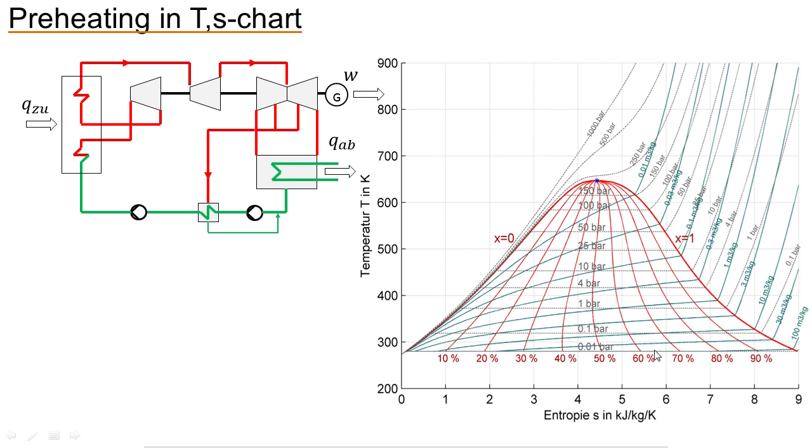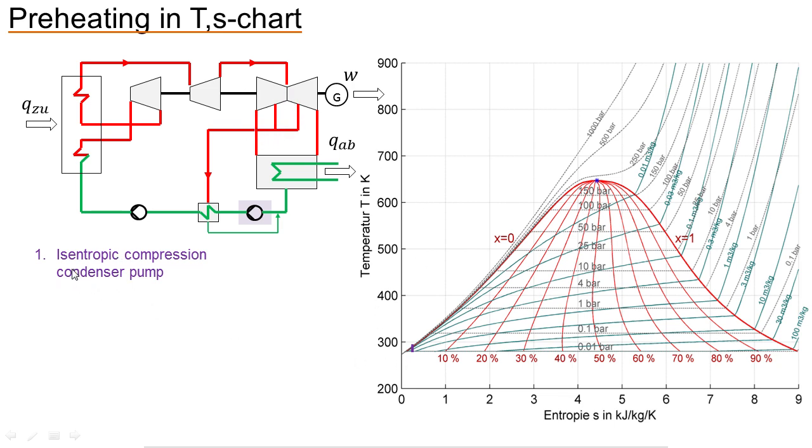If you want to paint this in the T-s chart, I'm not using values anymore, because now it would be too complicated to calculate this, because the mass flow is no more constant, because you split up the mass flow here in this area.